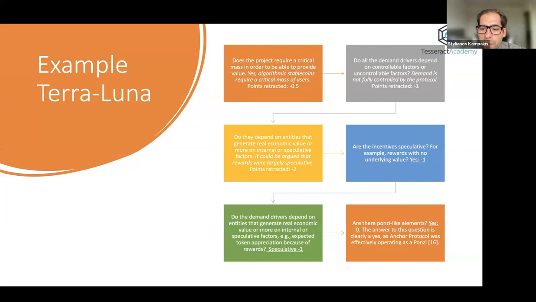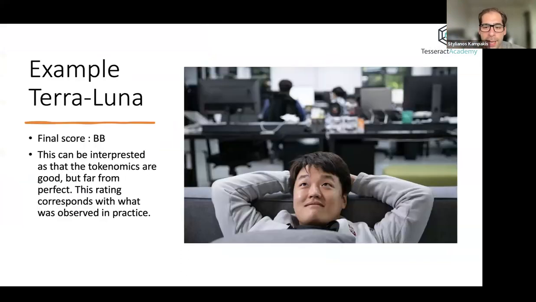It was more speculative factors, and finally, there were some Ponzi-like elements, which became better known after the crash, even though many users were aware of them before the crash took place. So each one of those points is a question that has to be answered through the checklist, and it provides some negative points to the overall audit.